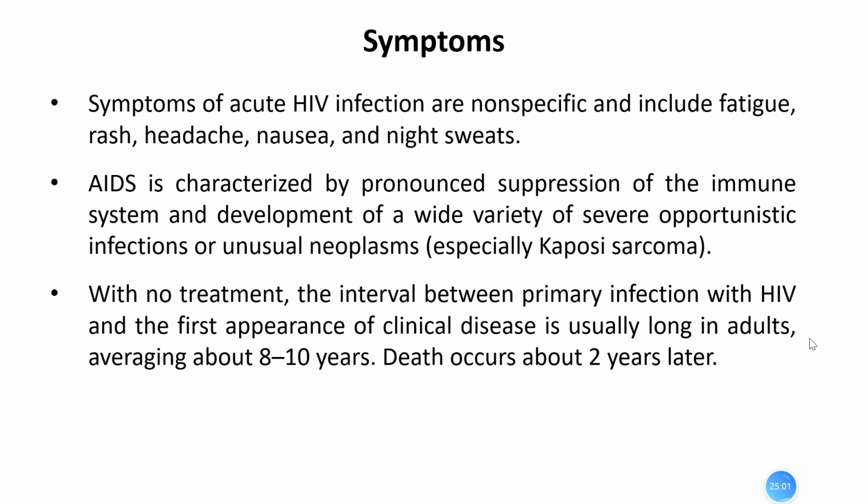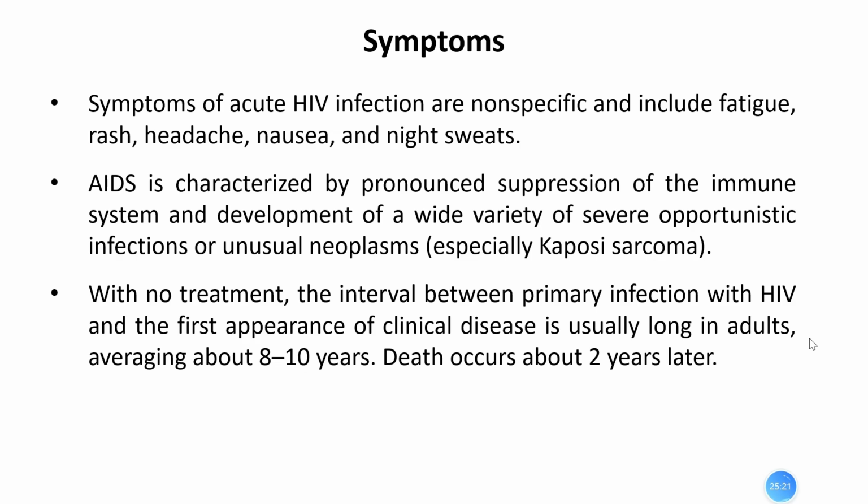And AIDS is characterized by pronounced suppression of the immune system and development of a wide variety of severe opportunistic infections or unusual neoplasms. So that's Kaposi sarcoma, the cancer I mentioned just now.